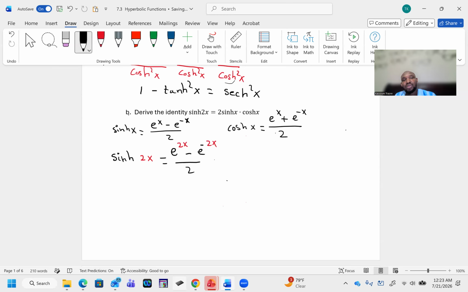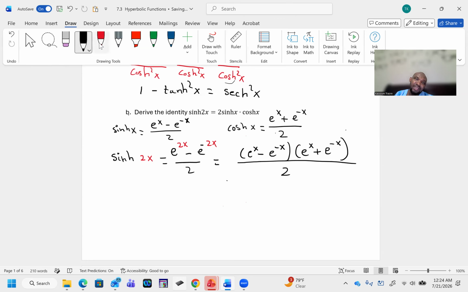Now, e to the power of 2x minus e to the power of negative 2x is nothing else but e to the power of x minus e to the power of negative x, times e to the power of x plus e to the power of negative x. If I distribute this, I will get exactly this. And everything would be divided by 2.